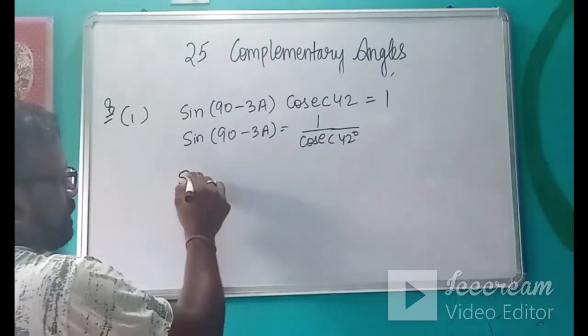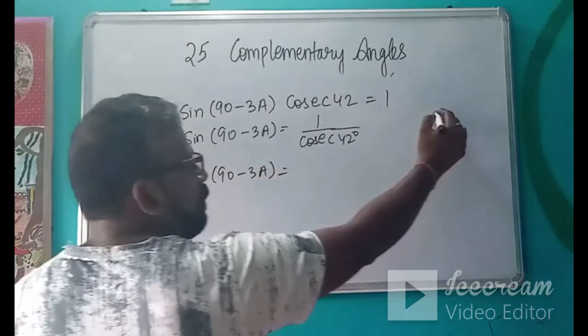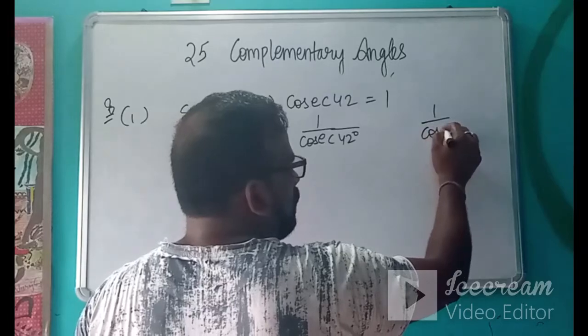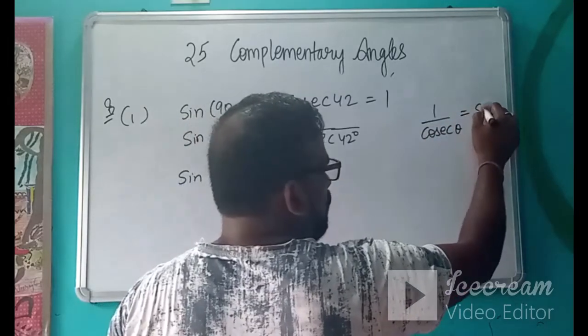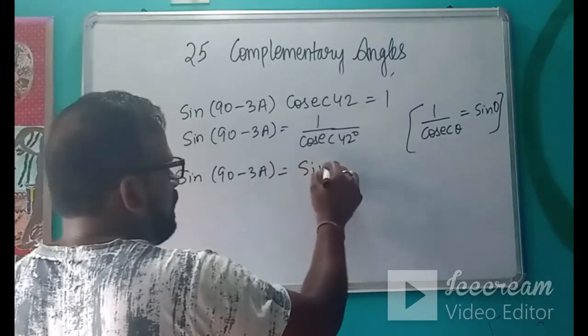So it is then sine 90 minus 3A, and what we know? We know that 1 upon cosec theta is equal to sine theta. So this relation we will use here.